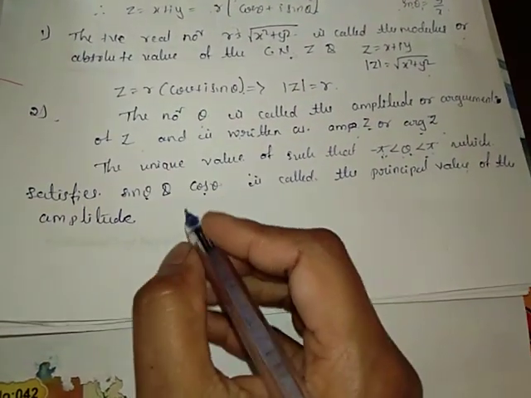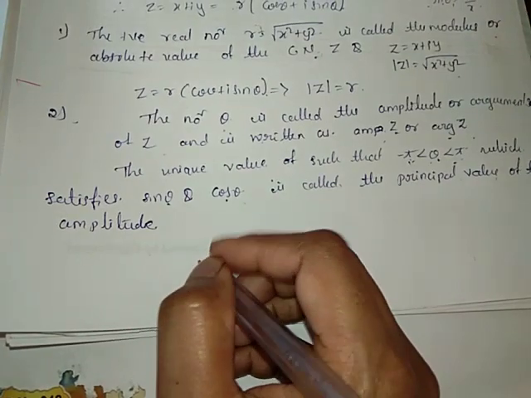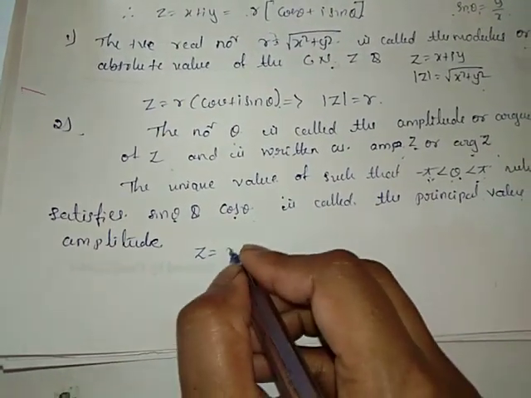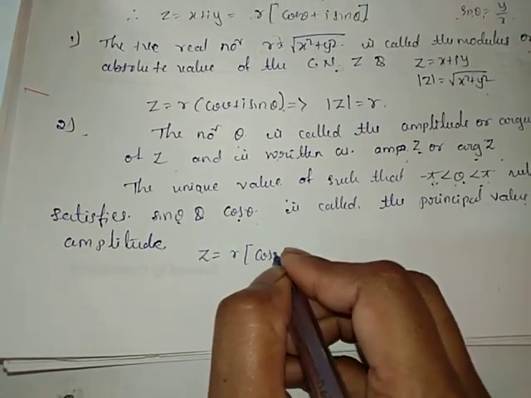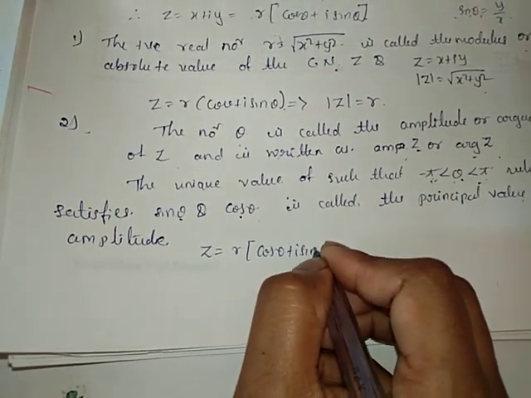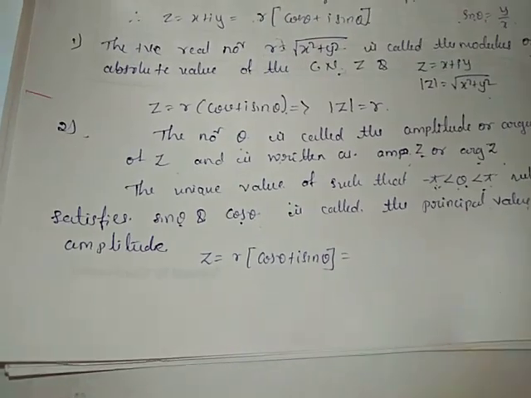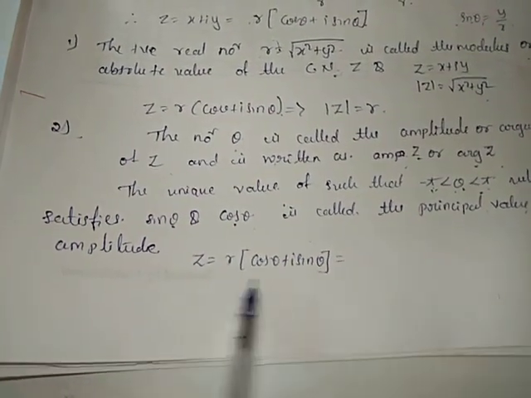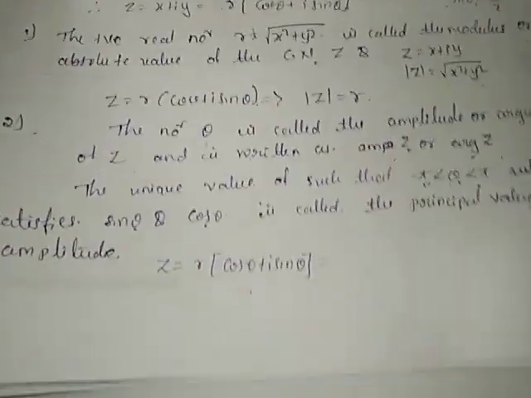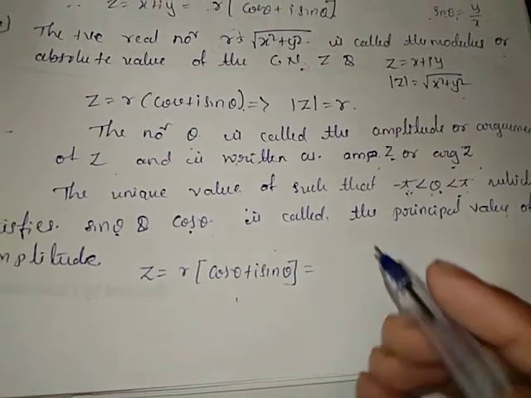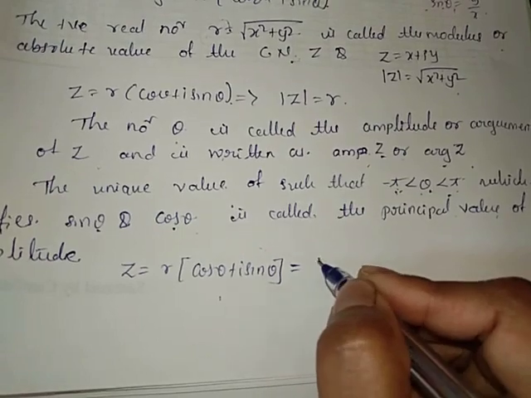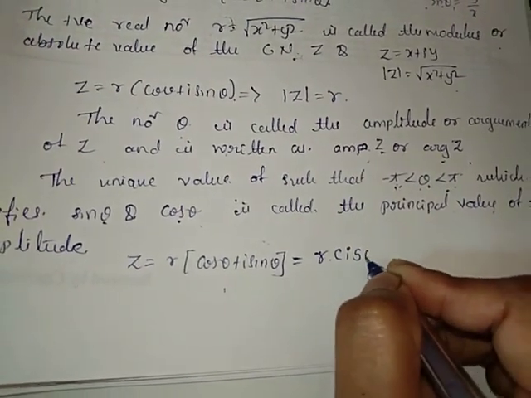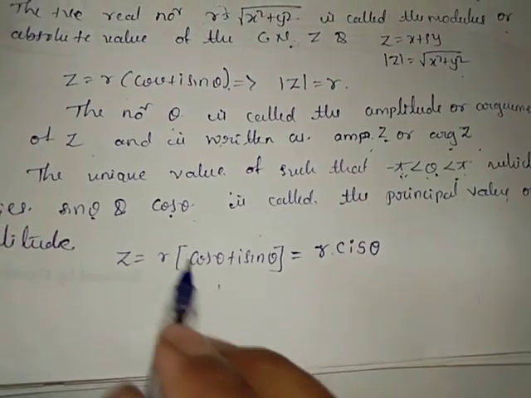So every complex number can be written in the form z equal to r of cos theta plus i sin theta. A number in this form can be represented as r into cis theta.